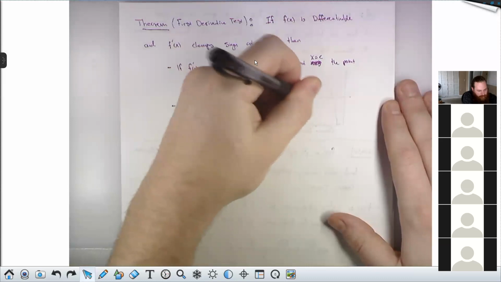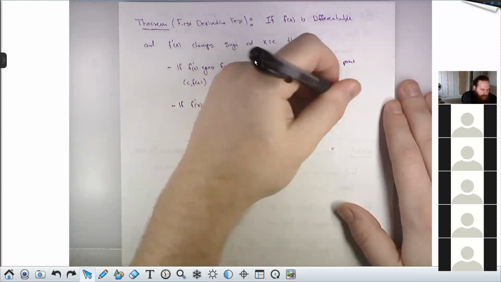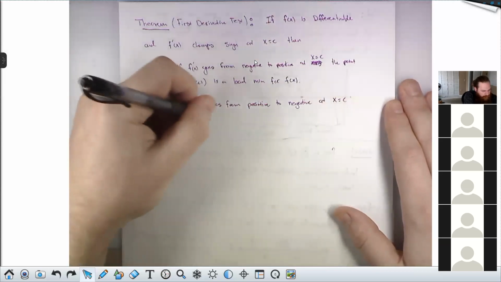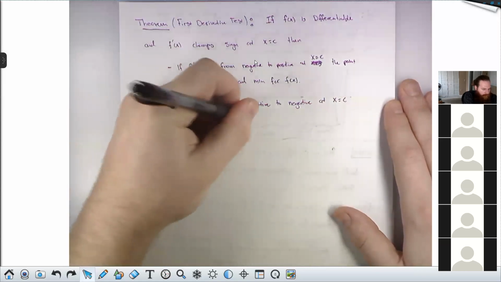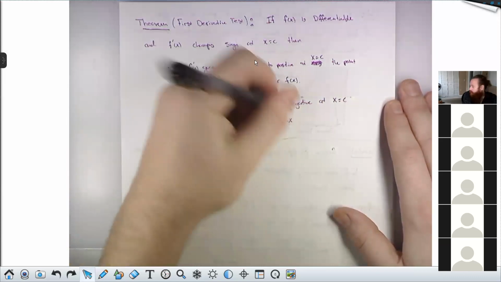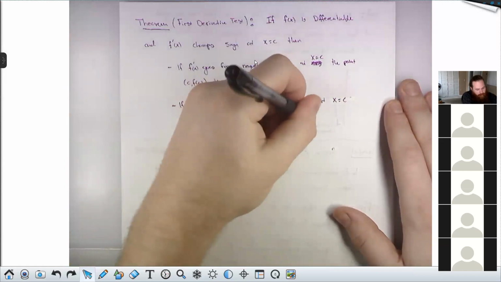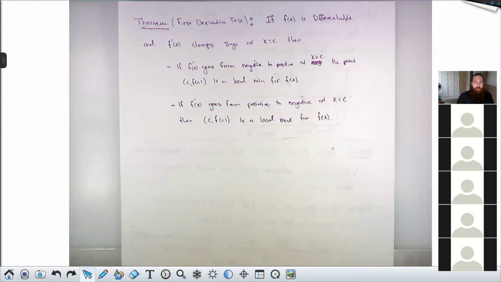Positive to negative at x equals c, then c comma f of c is a local max for f of x.